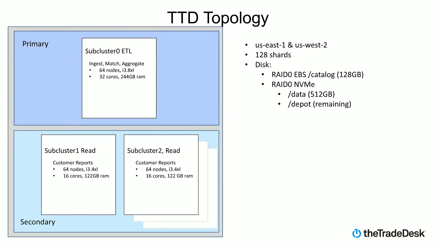The disk, what we've done is, we've got a couple of RAID arrays. We've got an EBS-based array that the catalog uses, so the catalog stores location, and I think we take four EBS volumes and RAID 0 them together, and come up with a 128 gigabyte drive.